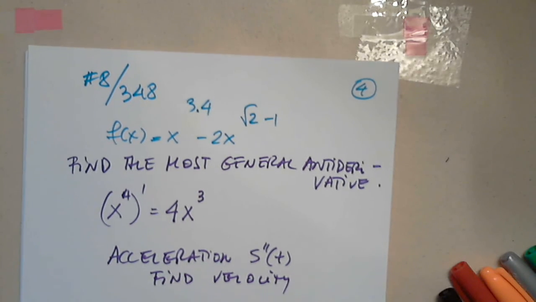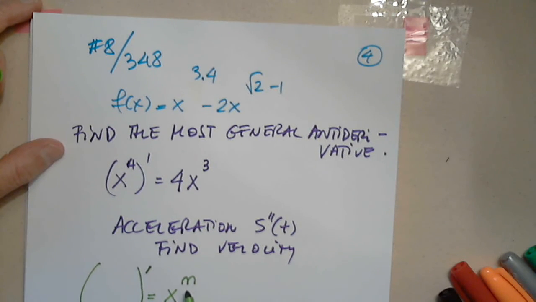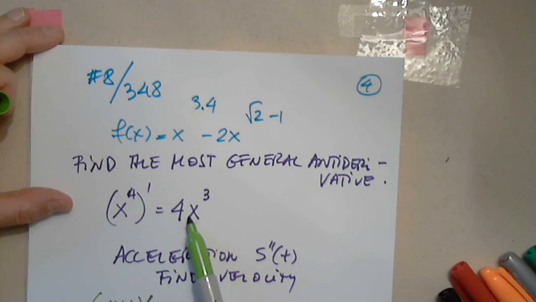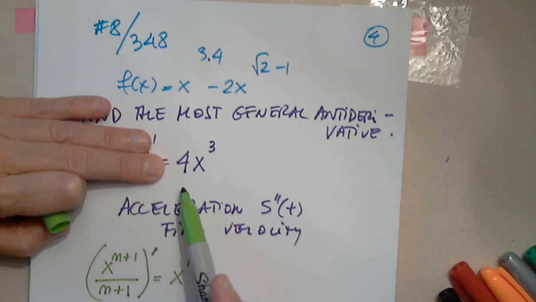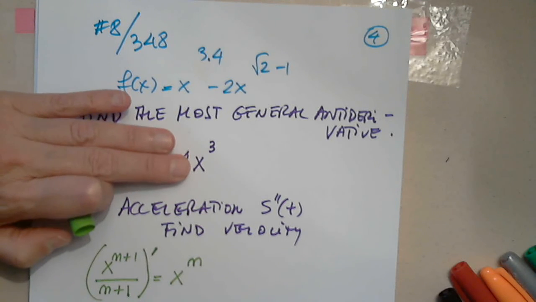So let's discuss the procedure, and then we'll go back to our function. If I want to get x to the nth power, what should I differentiate? In the numerator, I have to increase n by 1 and divide by the same number. So if I want to find the antiderivative of 4x cubed, I will say 4, because a constant is still a constant.